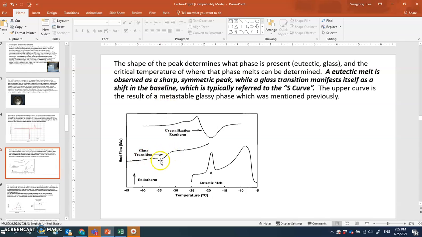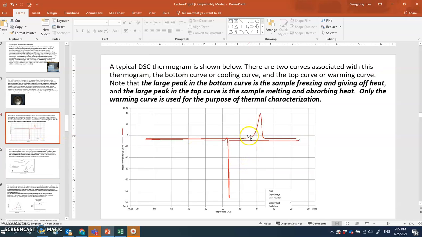So the baseline is kind of shifted. Okay, so it's a glass transition. It's like an S-curve typically. That's what glass transition is. The alpha curve is a result of metastable glass phase, which was mentioned previously. Okay, so what you saw is also the eutectic transition.